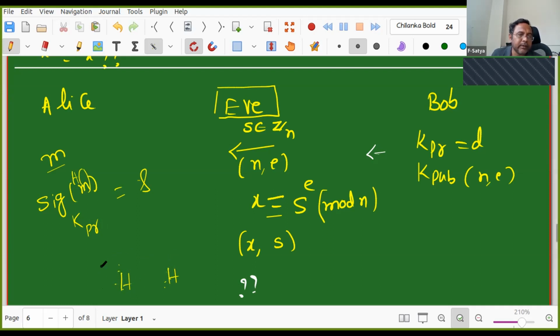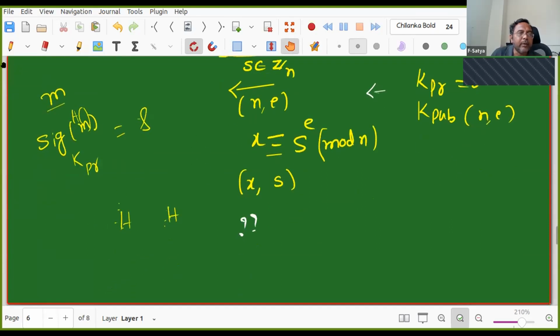Is it okay, Kanak? Yes, sir. What is a hash function? I told you in the previous class, but I'll repeat. A hash function takes any size. You remember Kanak told about the star, the Kleene operation, right?